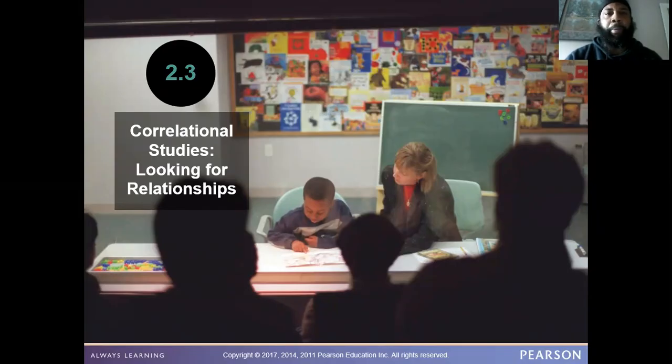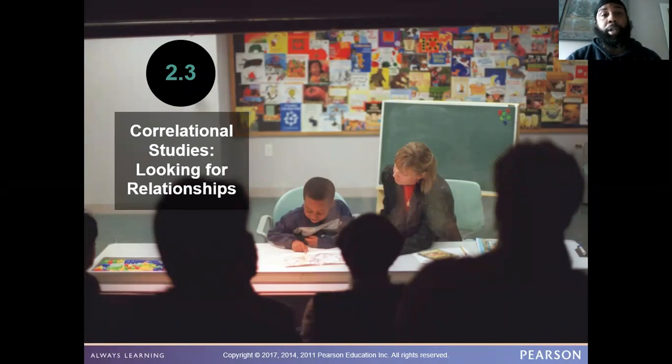And so, while some of this information may seem a little redundant to what we covered last week, my hope and my goal is that we can talk about this on a little bit more of an in-depth level. Correlations are something you have to know, and they are a big first step in how you might understand your data, how you might understand the relationship between two or more variables in the study you're conducting.